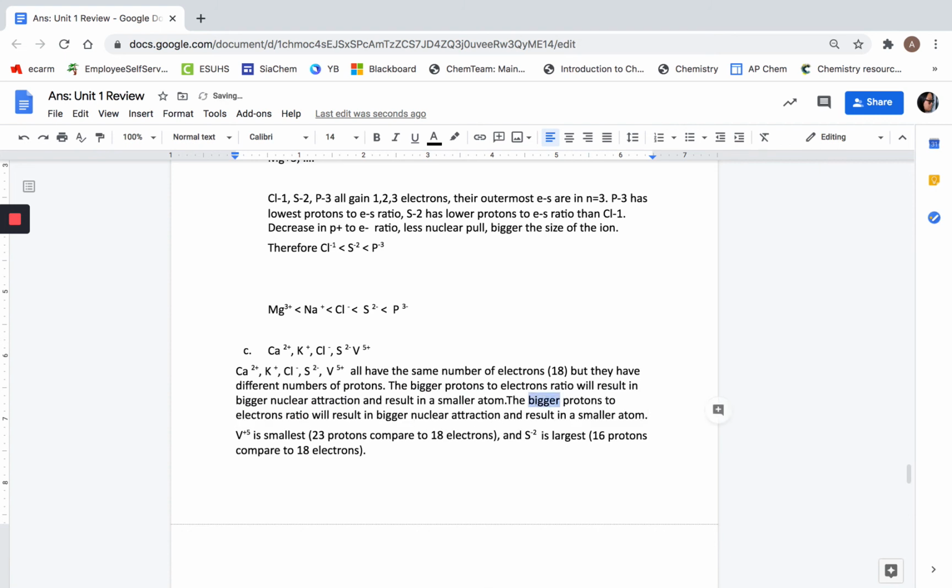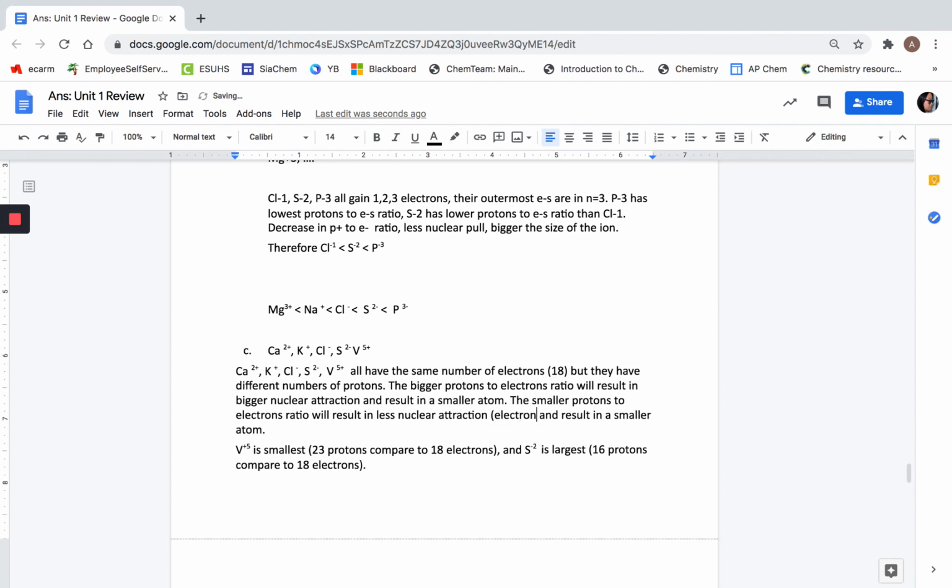The smaller proton to electron ratio will result in less nuclear attraction. So you can compare like that.